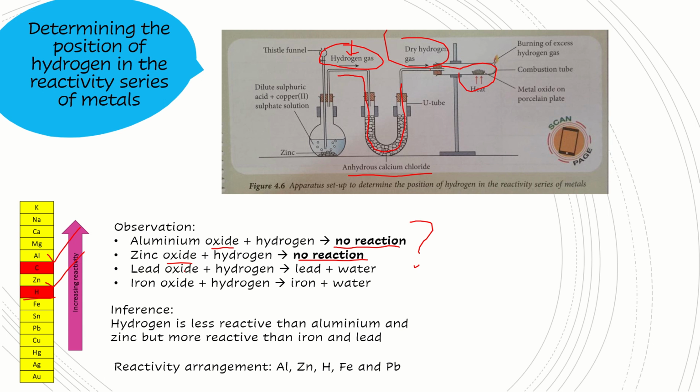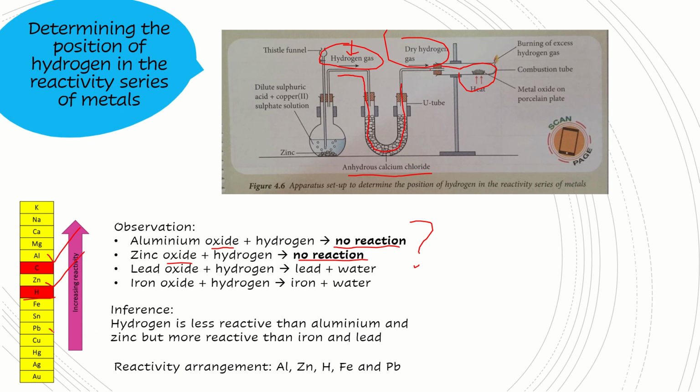Okay, however, when we place lead oxide in the porcelain plate and let it react with hydrogen gas, what we get is lead and water, pure lead and water. That means, okay, hydrogen is more reactive than lead.